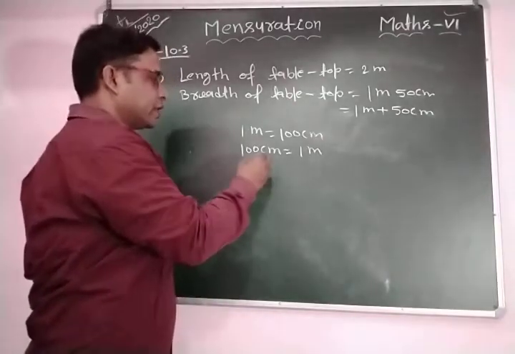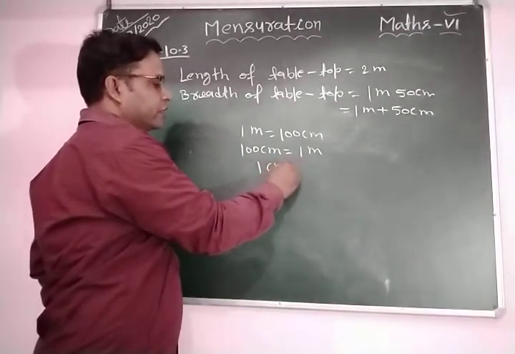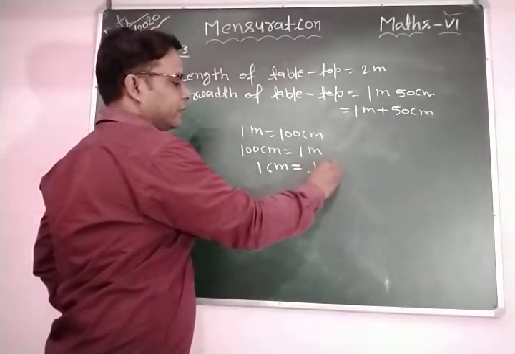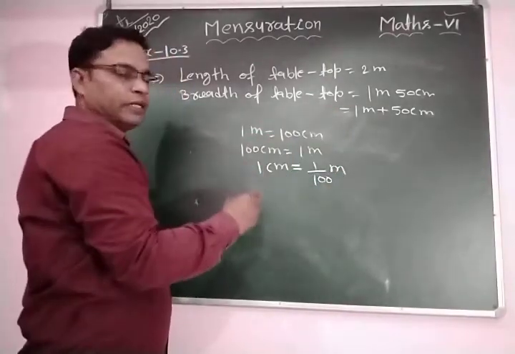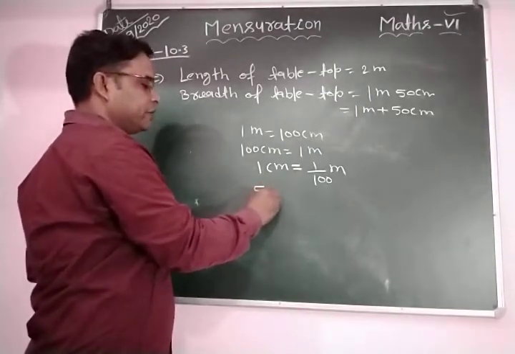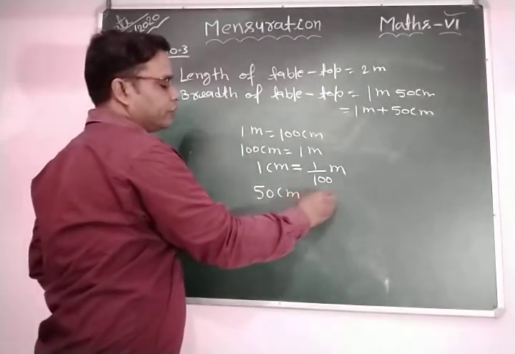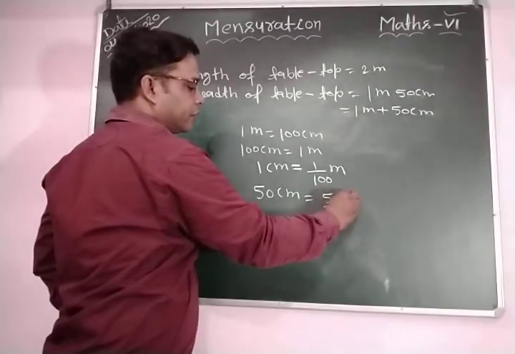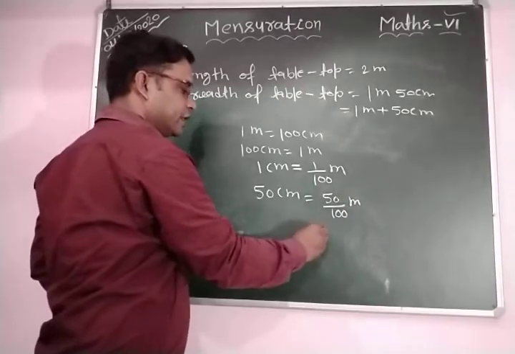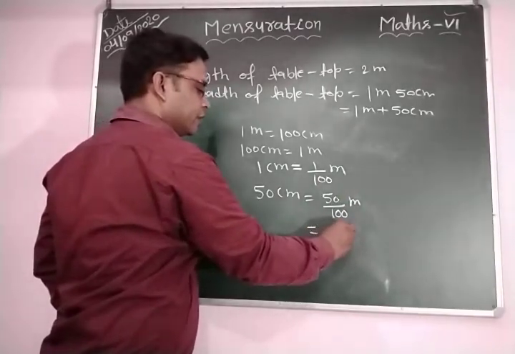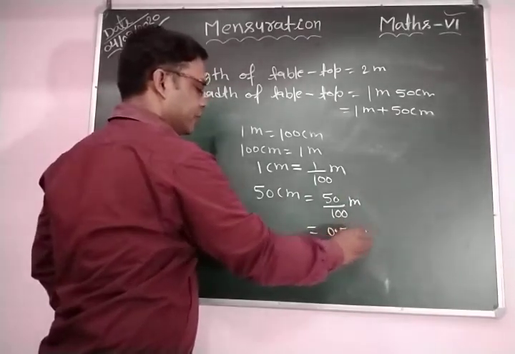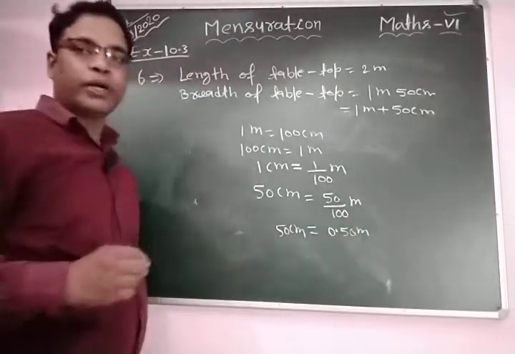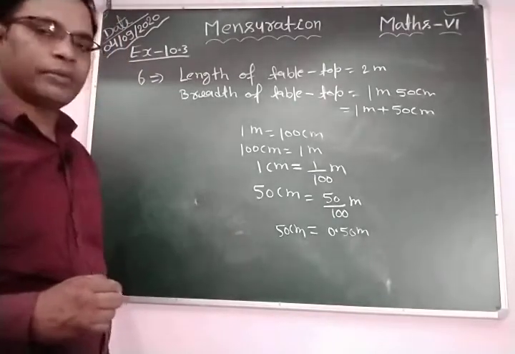Then 1 centimeter is 1 by 100 meter, but we have 50 centimeter, so 50 centimeter is equal to 50 by 100 meters, or 0.50 meter.